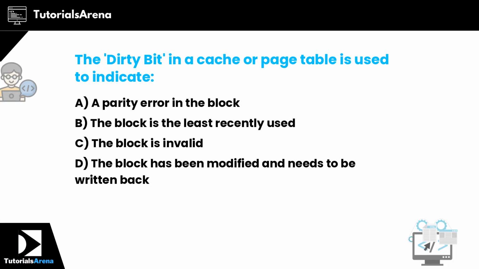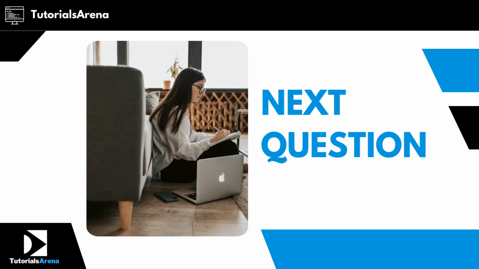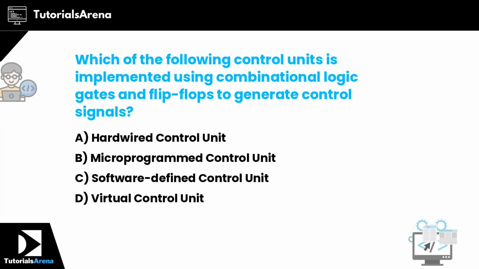The dirty bit in a cache or page table is used to indicate. The correct answer is option D. The block has been modified and needs to be written back. Which of the following control units is implemented using combinational logic gates and flip-flops to generate control signals?